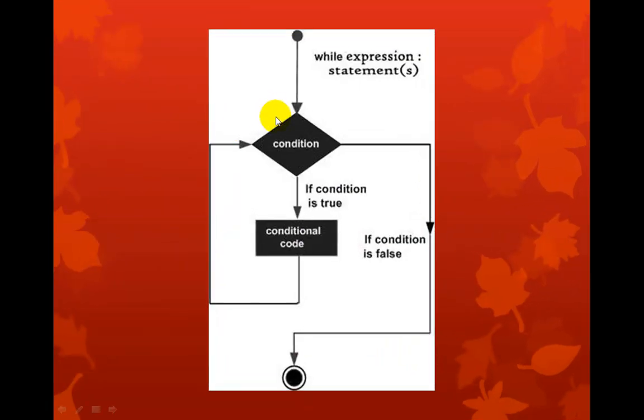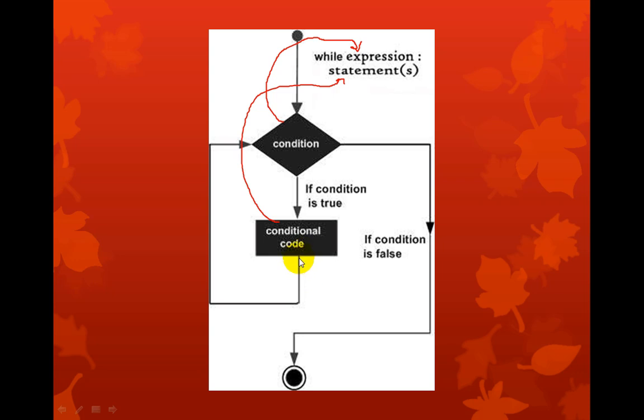Here's a cute diagram showing the behavior of a while loop. First, a while loop checks a condition. This condition is given in the expression here. If the condition is true, the body of the while loop, the statements provided, are executed. However, unlike the if statement, here the program does not continue running.